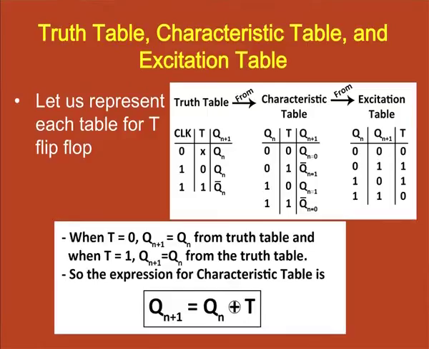Similarly, when the present state is 0 and the input value is 1, then the next state is the complementary of the present state. And similarly, the other two conditions are when present state is 1 and input is 0, the next state is the present state, and when the present state is 1 and input is 1, the next state is the complementary of the present state.